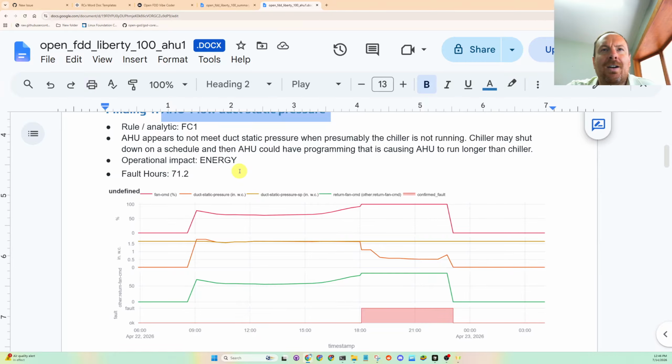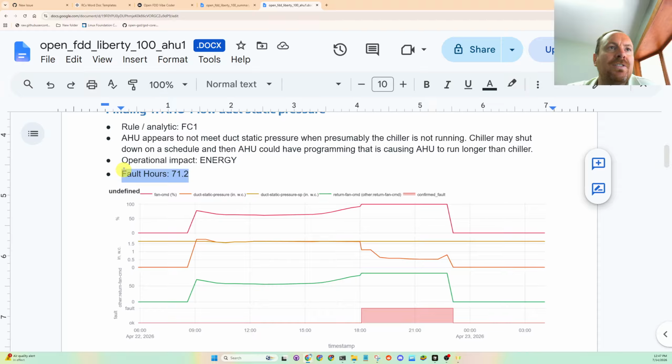For starters, fault condition FC1, that's Guideline 36, fault condition for variable volume air handling unit does not meet duct static pressure at full fan speed. I can calculate 71 fault hours on this data set that's, I think, 700 hours long.